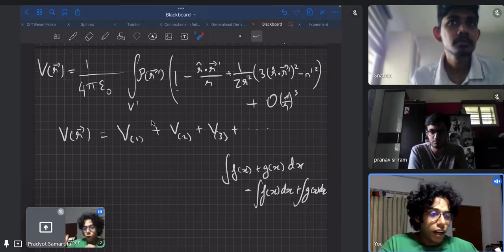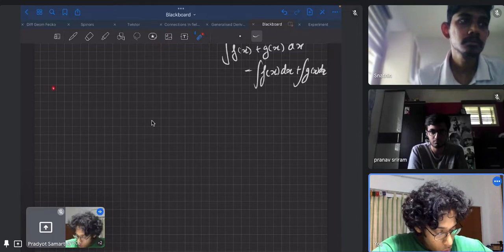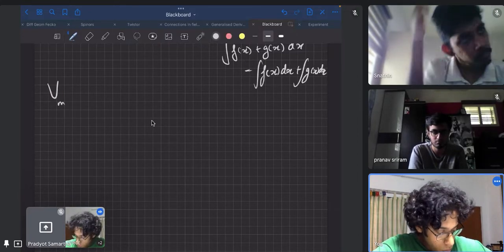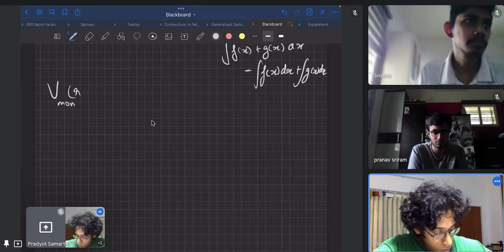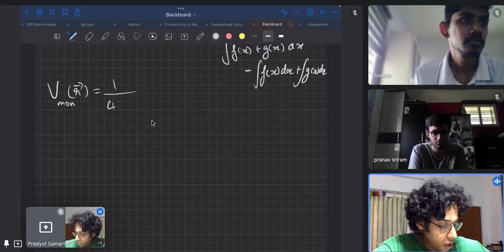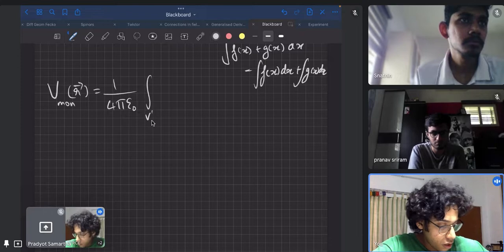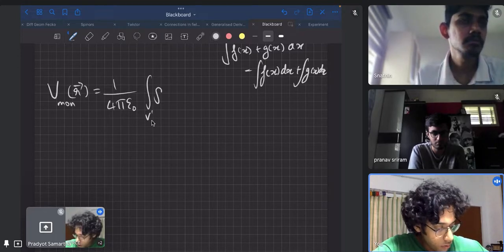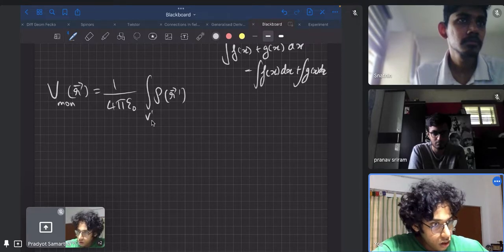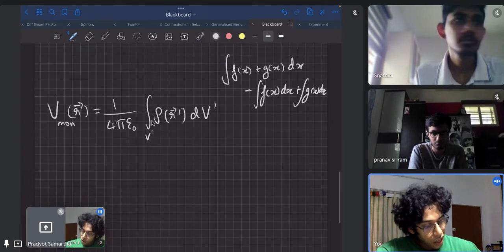What you can write down, as you expect, is V of the monopole equal to 1 by 4 pi epsilon naught, integral over V prime, rho of R prime dV. Now this is very simple.